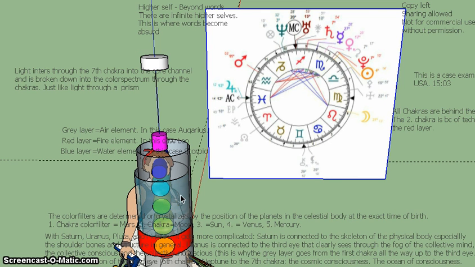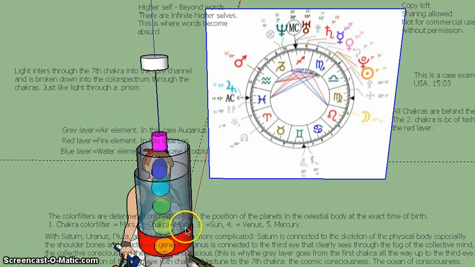And so is Venus, which is the fourth chakra, and Mercury, which are all in Scorpio. Hence, all these three chakras are covered with the water filter, blue.